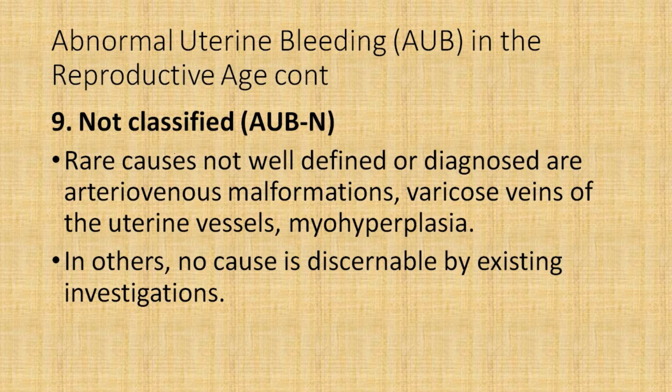Ninth is not classified, AUB-N. Rare causes not well defined or diagnosed are arteriovenous malformations, varicose veins of the uterine vessels, and myohyperplasia, that's an increase in the number of cells of the myometrium of the uterus. In others, no cause is discernible by existing investigations.